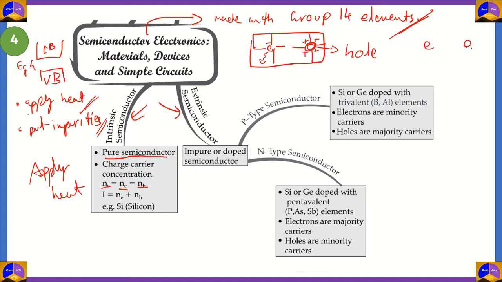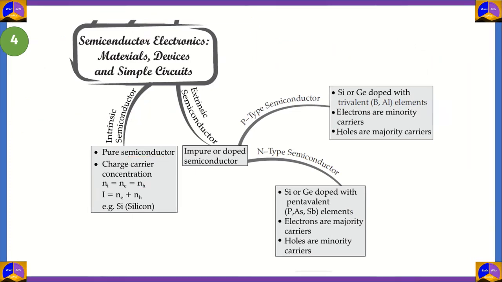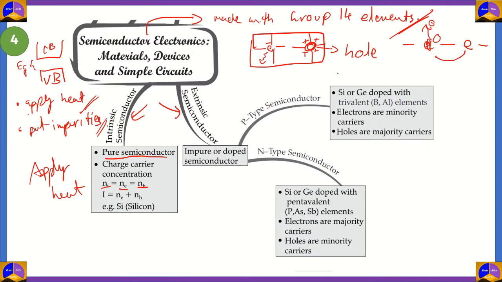So suppose we have two electrons here. What happens is that this electron gets radiated out. So now you have a hole here. In order for this hole to move towards the other end, the electron which is present here now moves towards this hole.